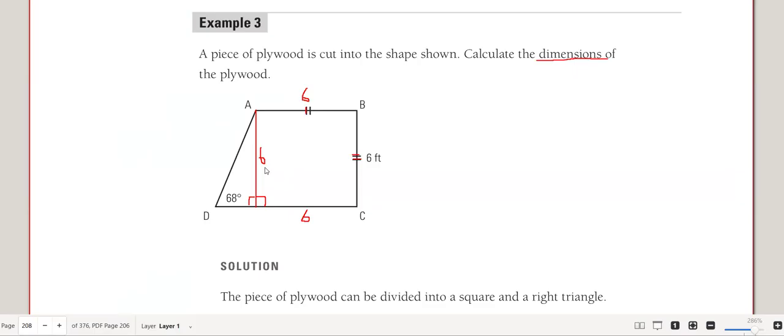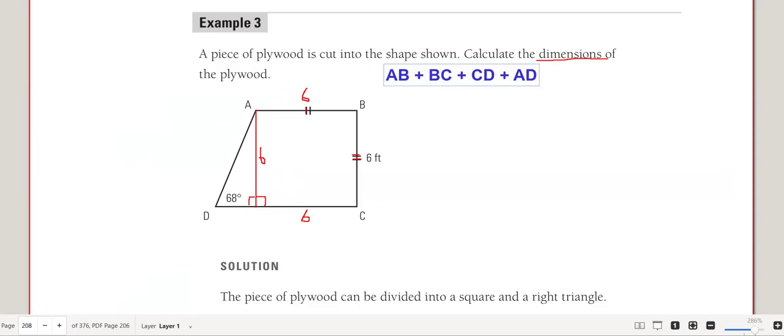So it is at this point that I have the ability to find some stuff here. So remember, I'm just trying to find the dimensions of it. So I want to try and find the dimensions of all of these sides, right? And so I'm going to actually label them. AB plus BC plus side CD plus side AD.